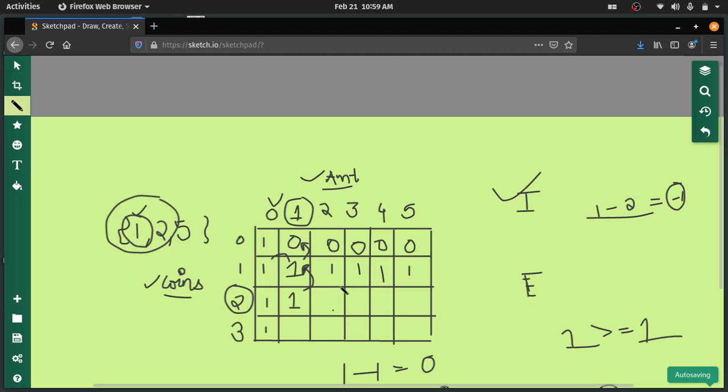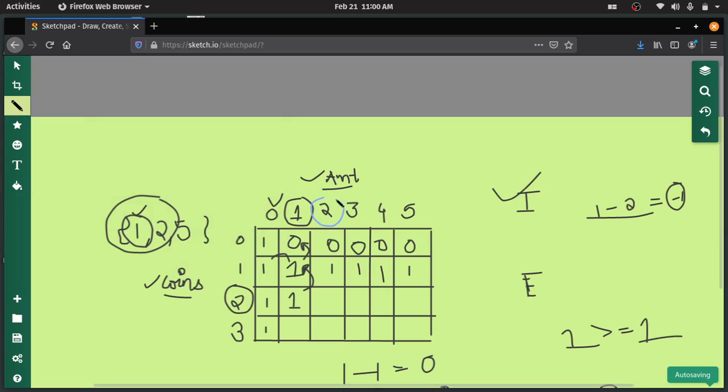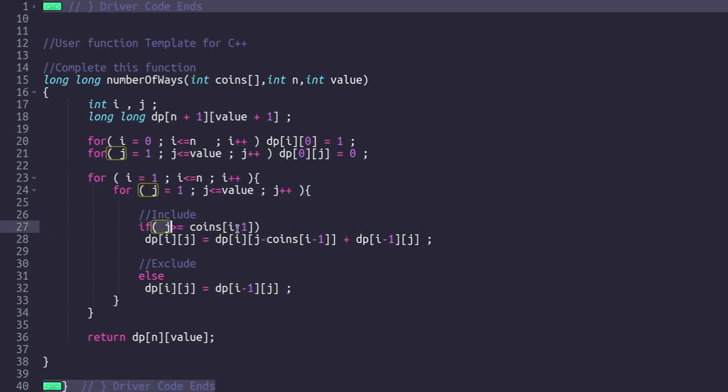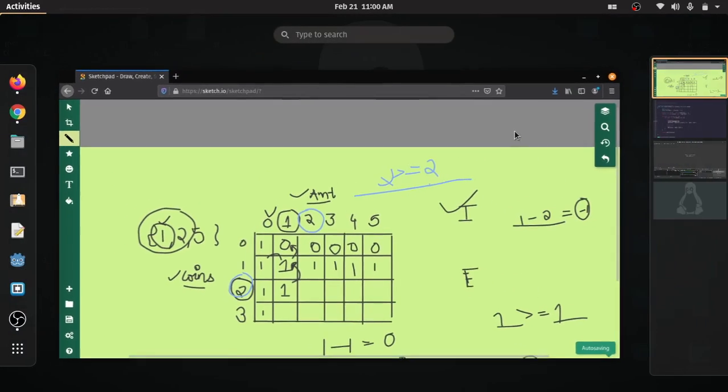So we can do this with 2 comma 2, let me change the color. When we have 2 comma 2, first of all we check the condition, that is 2 is greater than or equal to 2, and this is true, isn't it?